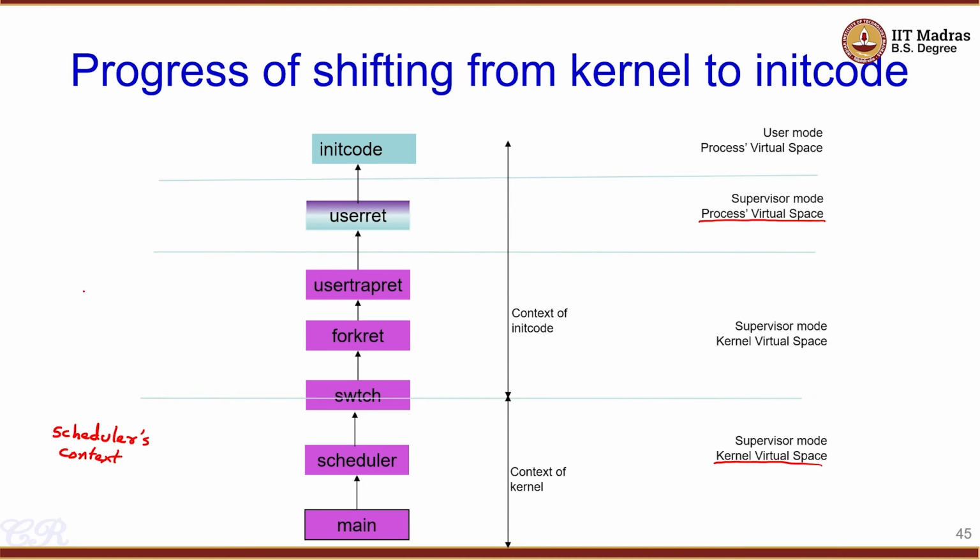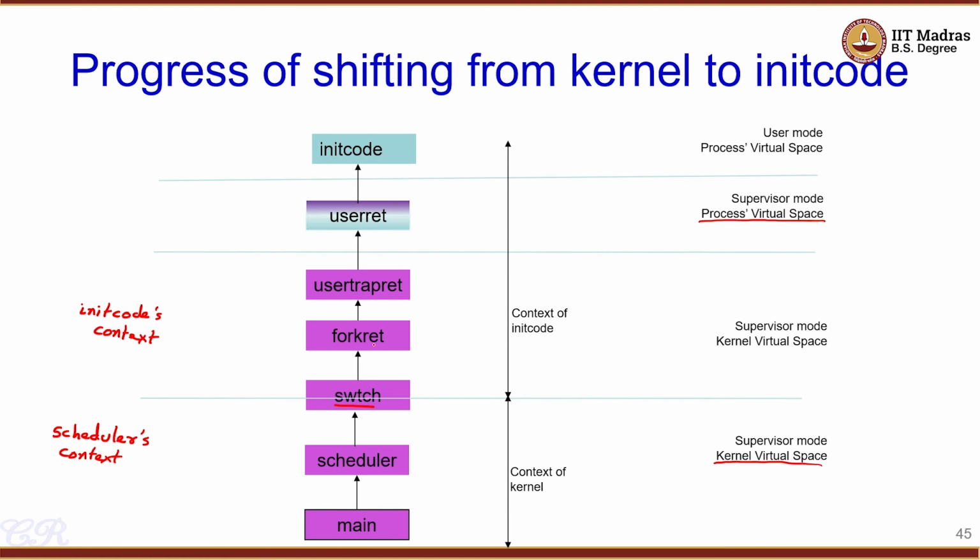So the switch function would change from the scheduler's context, that is the 12 plus 2, 14 registers corresponding to the scheduler, to the init code's context. This very important switch of context happens in this particular function called swtch, right?